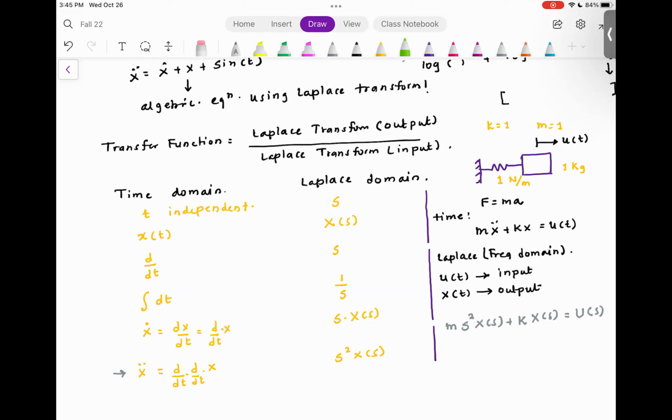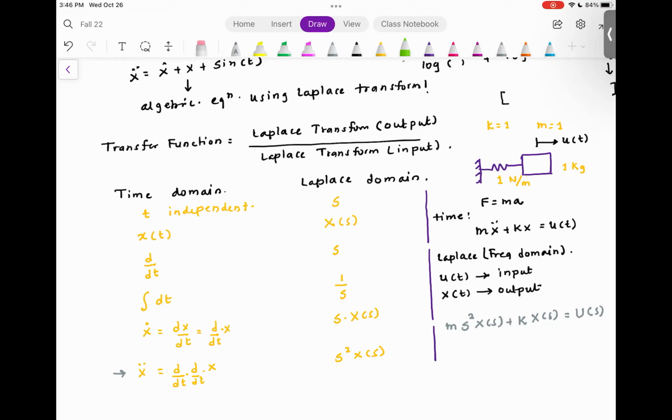What do those dots mean? The dots mean derivative. One dot, one derivative, two dots, two derivatives. As soon as I took the Laplace transform, those dots disappeared. Are you with me so far? And the only unknown in this equation is X of s. So if my U of s is known, X of s can be represented as a combination of U of s with k and m.